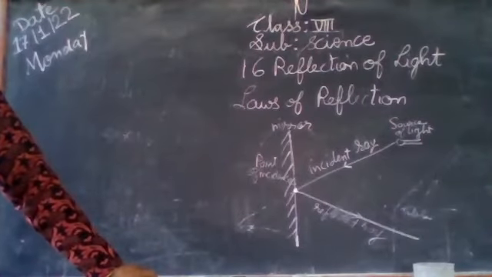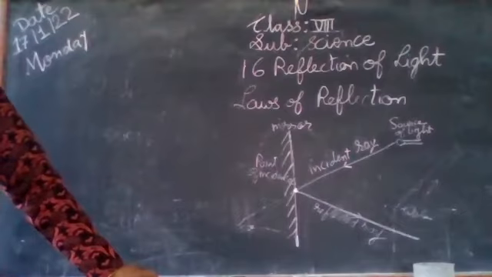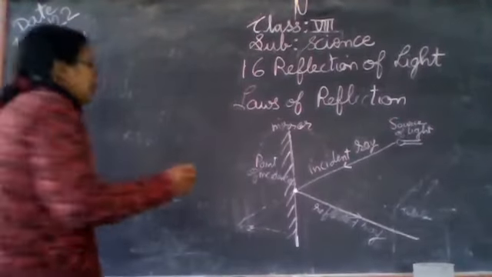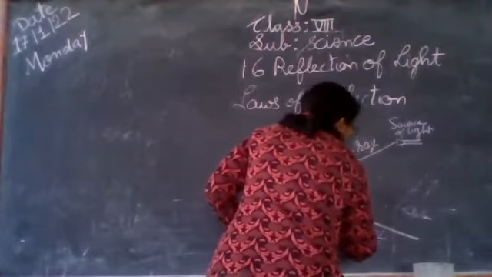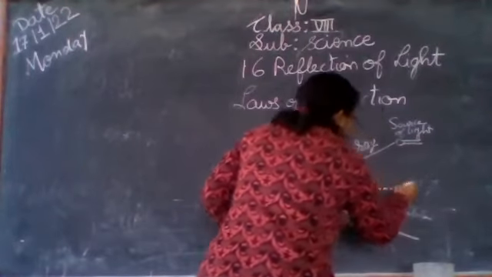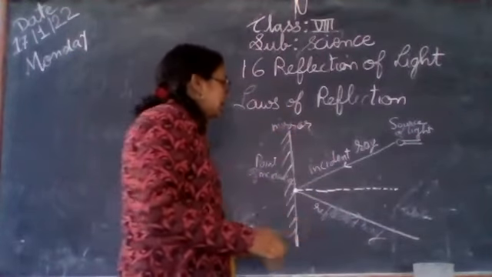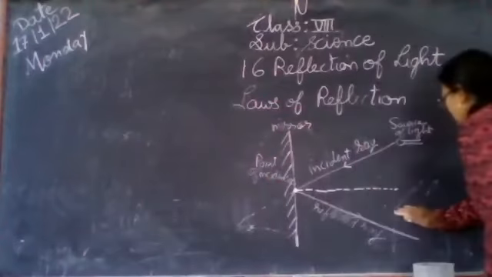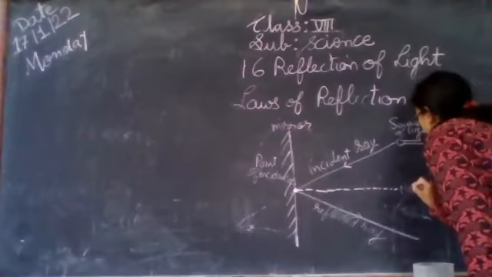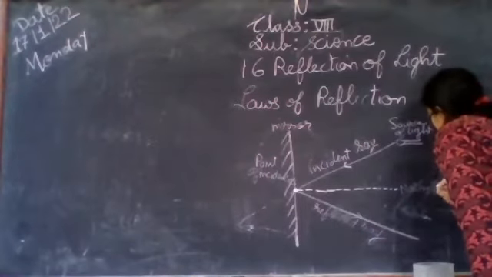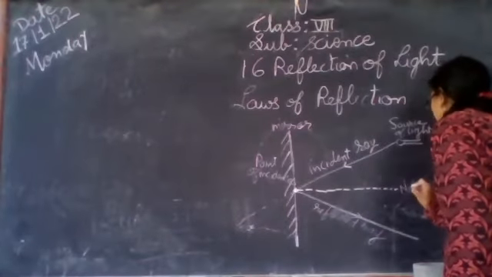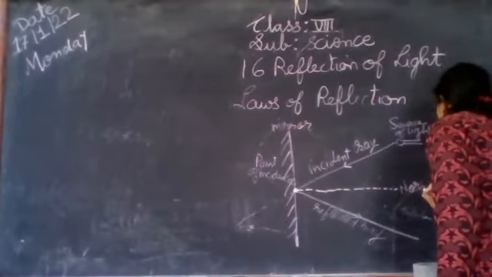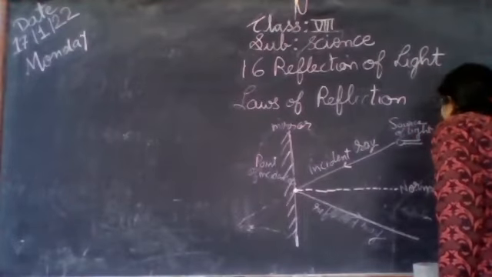But before that, you should know how the incident ray and the reflected ray are coming up, and one imaginary line in between the incident ray and the reflected ray is called the normal. Okay, this imaginary line is the normal.